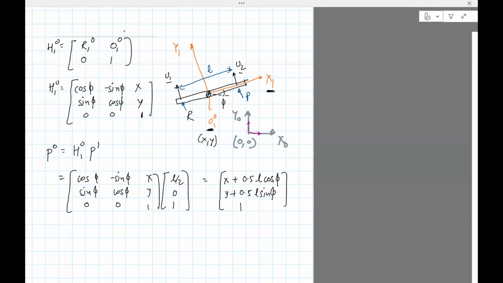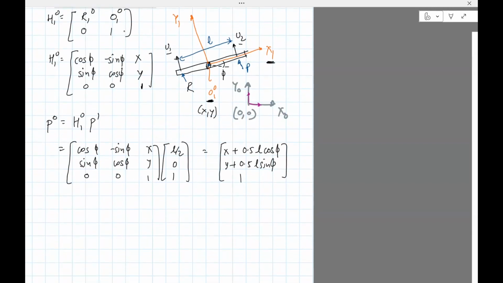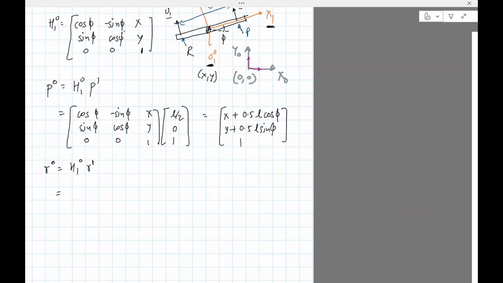Okay, similarly, if you want to compute R0, it's H10 R1. So H10 is the same as before: X, Y, 1.